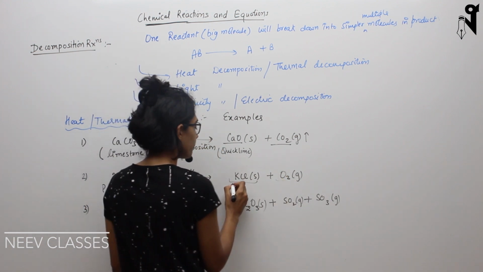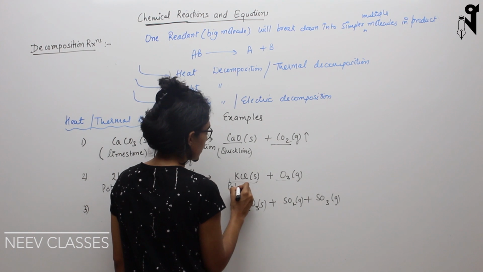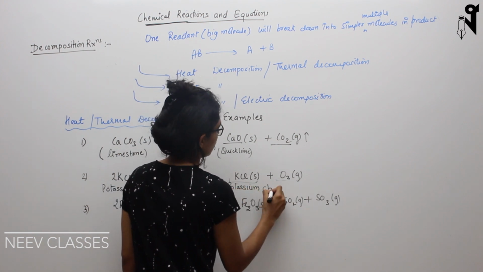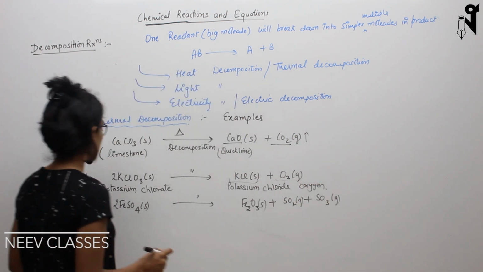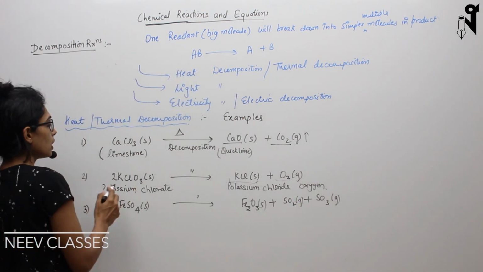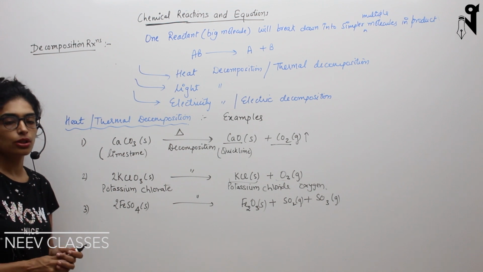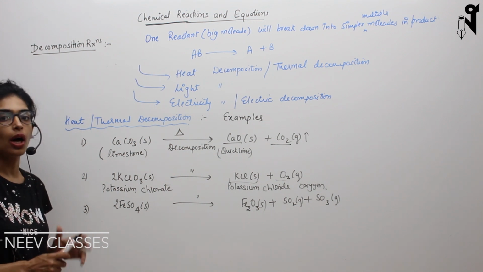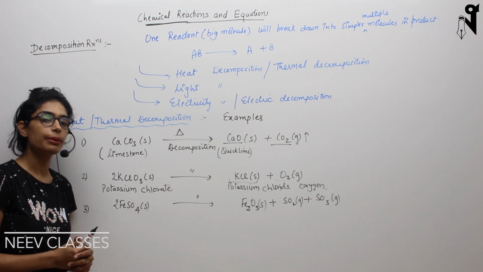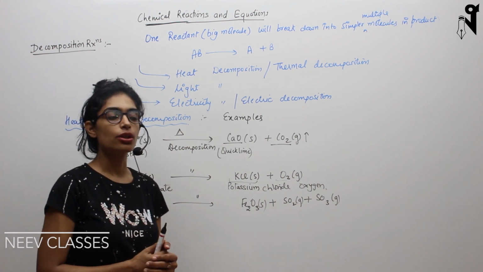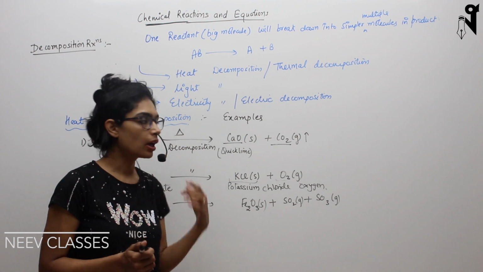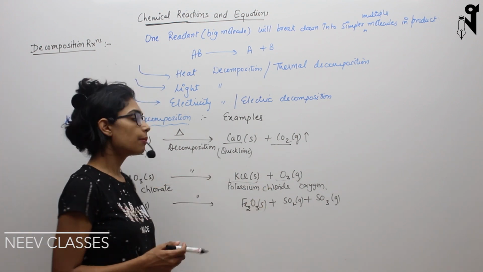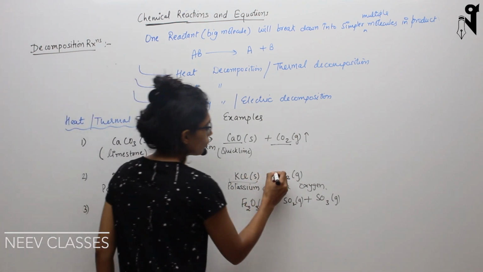KCl is your potassium chloride and O2 is your oxygen. I think I have not balanced the oxygen part of it. So whenever you're writing the reactions, make sure that you balance the reaction. Without balancing the reaction, as I have earlier mentioned, that reaction will be considered invalid. That reaction will be wrong no matter how right you have written the reactants and products. So here it will be 3 over here.